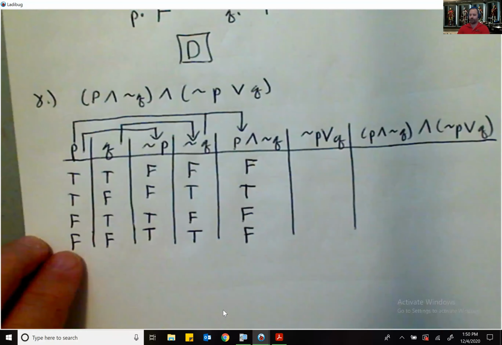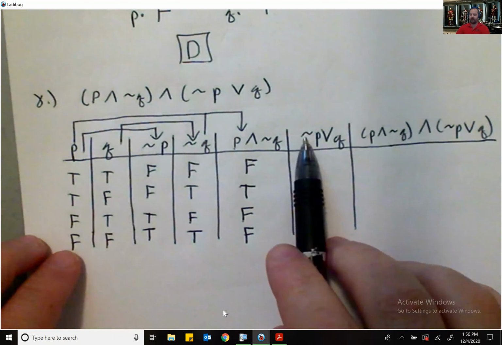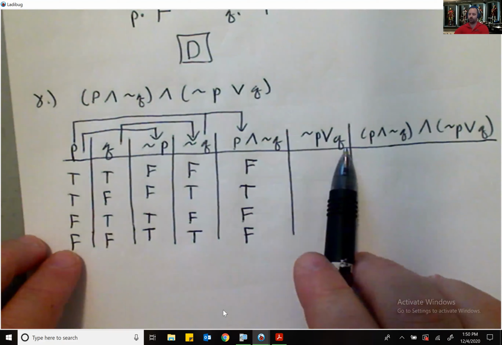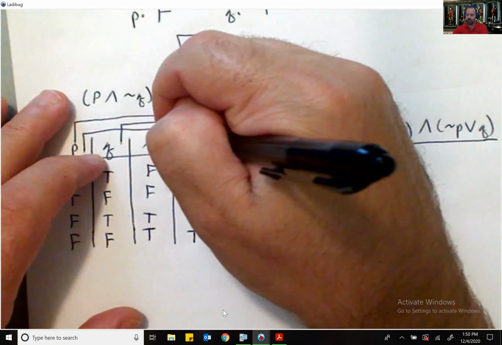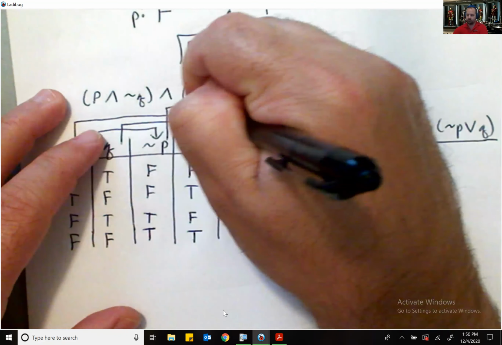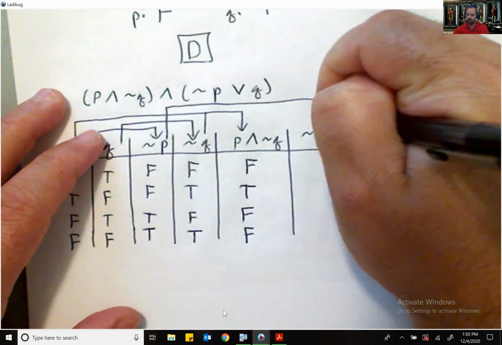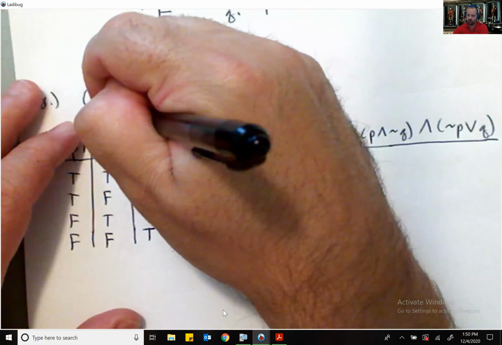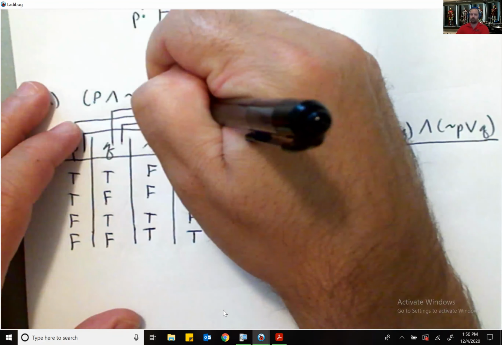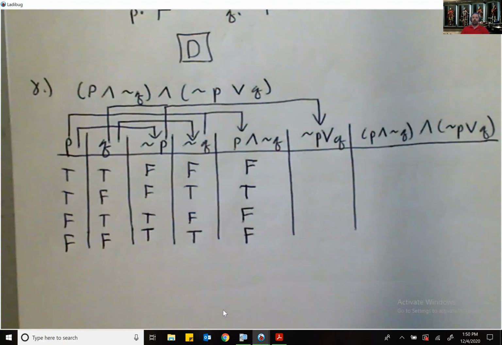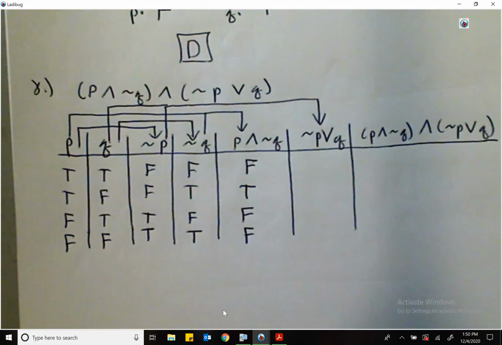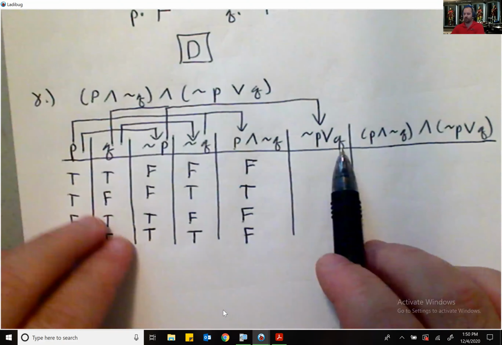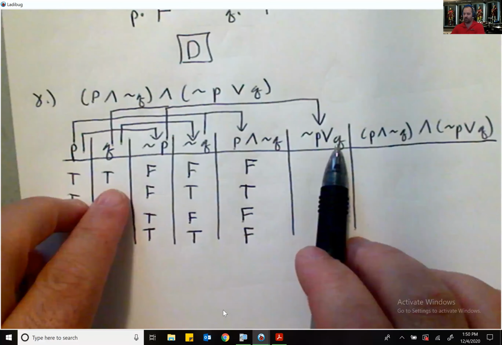There we go. Now we're going to do negate P or Q. So we'll use the negate P column, and we will use the Q column. So ors are only false when what? False when both are false. Okay. So we're looking at negate P and the Q column.